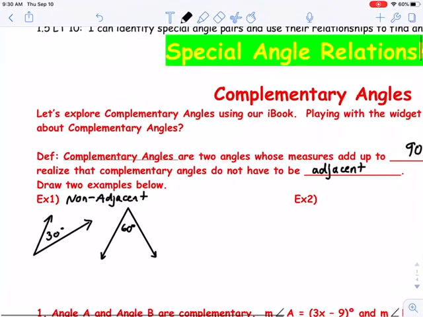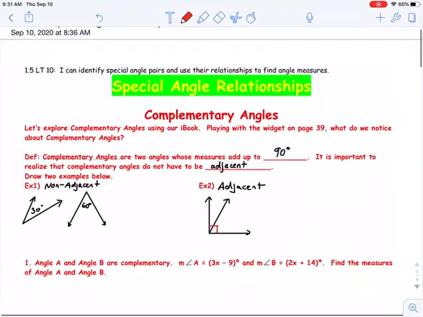They don't share a side, or they can be adjacent. This is a very famous one: you just draw a right angle and you have some interior ray coming out of it. These two angles should clearly be complementary. That's the punchline. That's literally it for complementary angles.